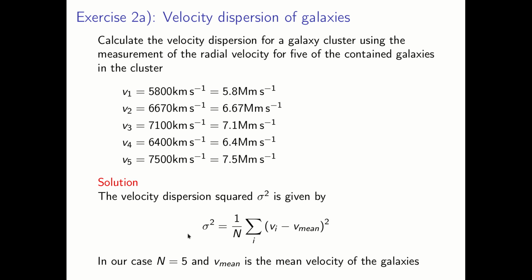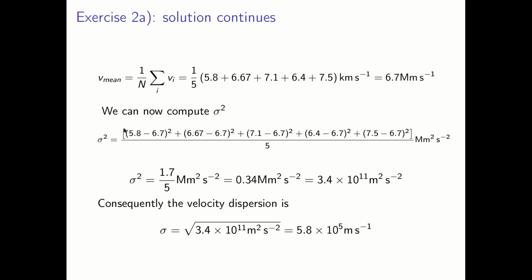So before applying this formula, we have to recognize n and v mean. In our case, n is equal to 5 and v mean is the mean velocity of the galaxies, and we have to compute them. So the formula for v mean is basically the sum over all the velocities that you have over the number of the galaxies.